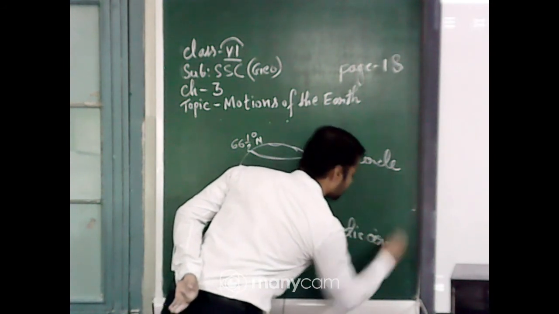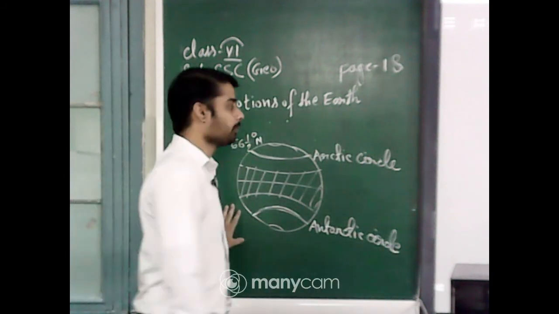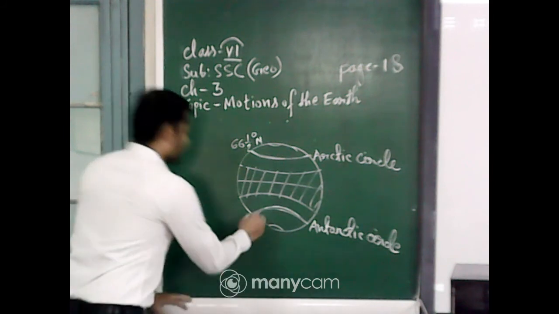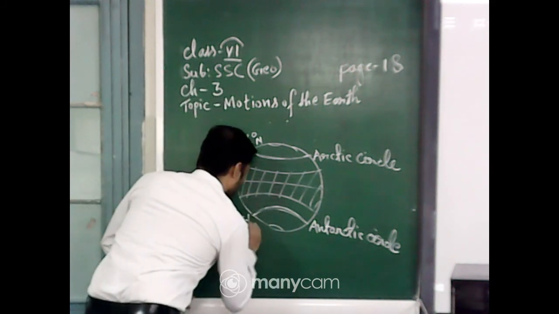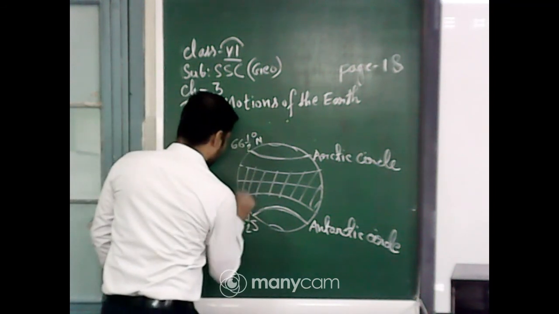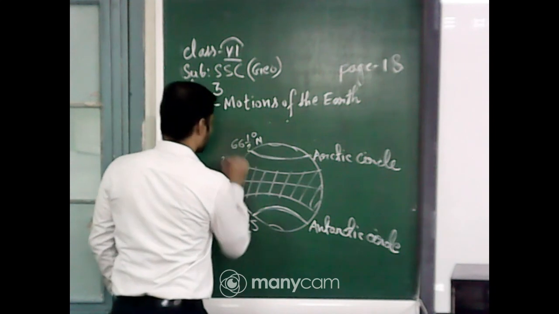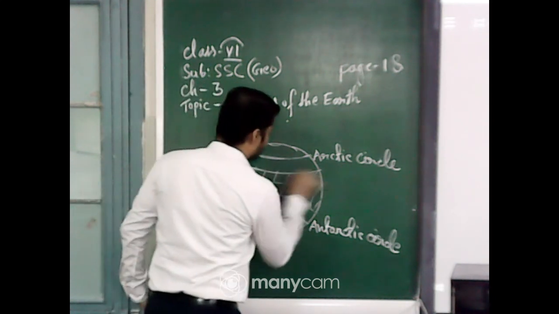Remember the names of these circles. These are the 7 important latitudes. It is also 66.5 degree south. It is the 23.5 degree south. It is 23.5 degree north. This line is called Tropic of Cancer.